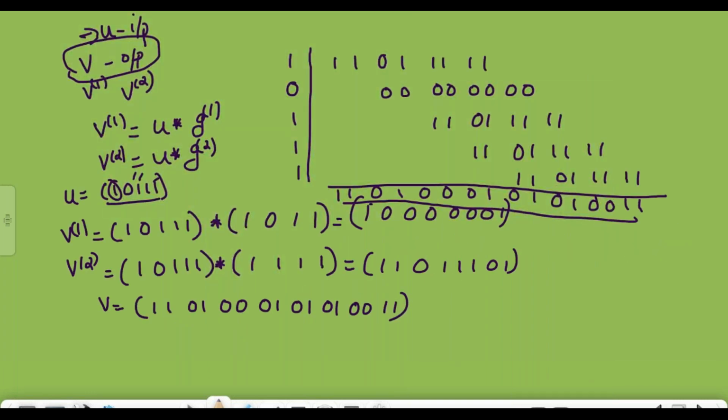Prior to that, we explained how we can find the output sequence in another way, where we have represented as sequences. In general, V1 is the convolutional sum of the input sequence and the impulse response of the first adder, and the second output V2 is the convolutional sum of the input sequence and the impulse response of the second adder, U convolution G2, and by multiplexing we can obtain the output sequence.